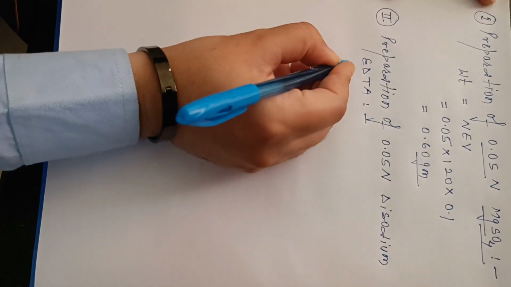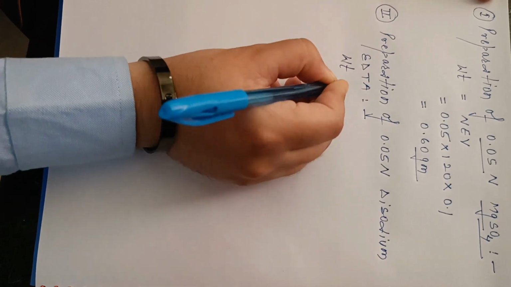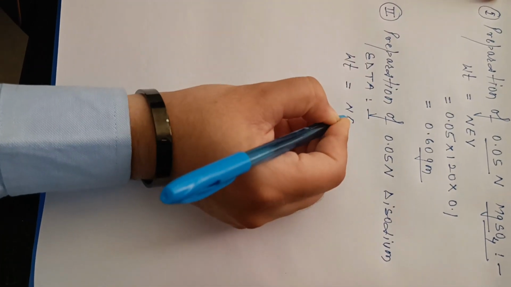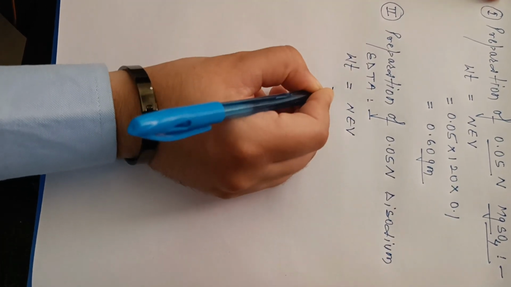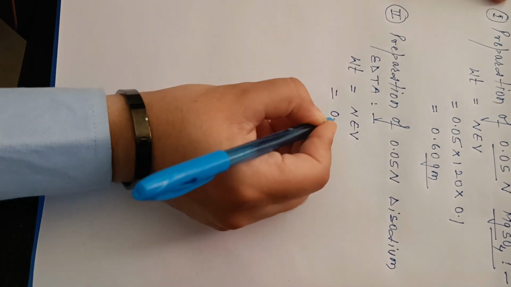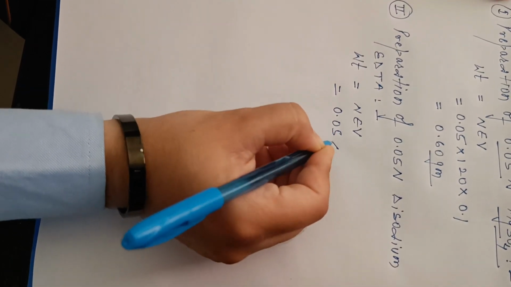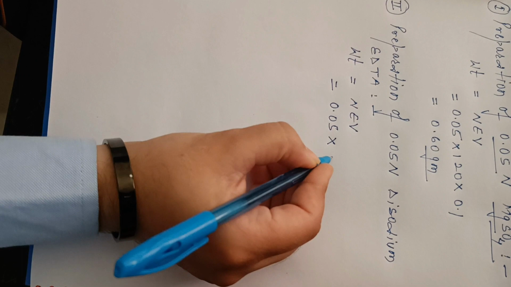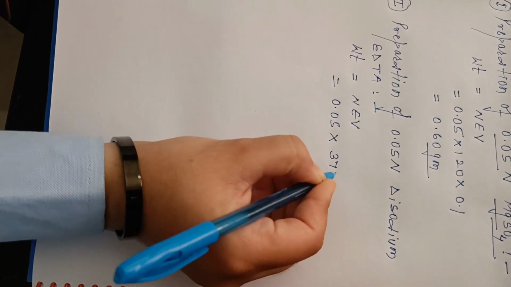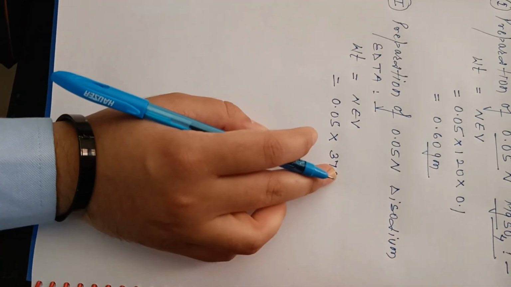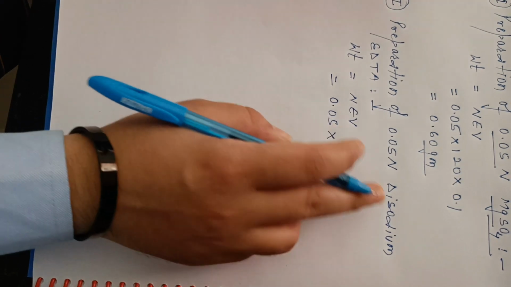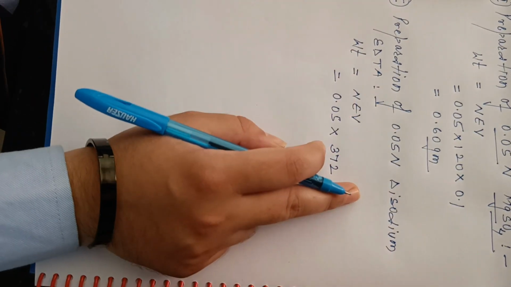The formula applies here, weight equals N into E into V. The normality we are considering is 0.05, the equivalent weight of disodium EDTA is approximately 372, and the volume we are dissolving it in is 100 ml.